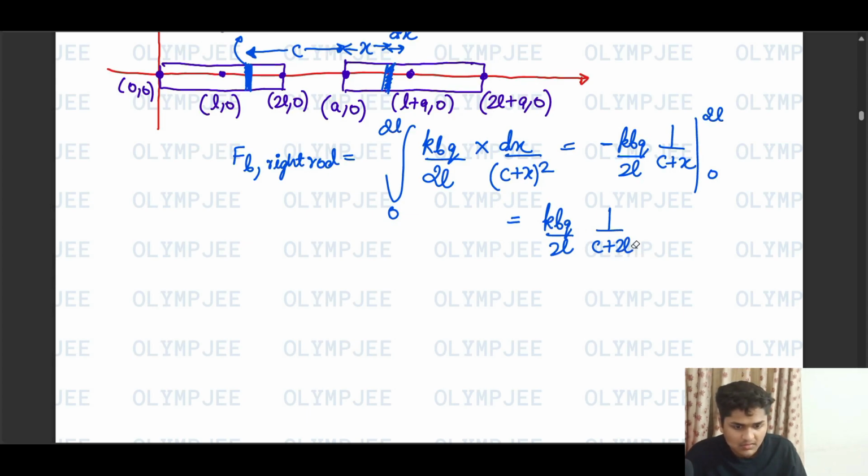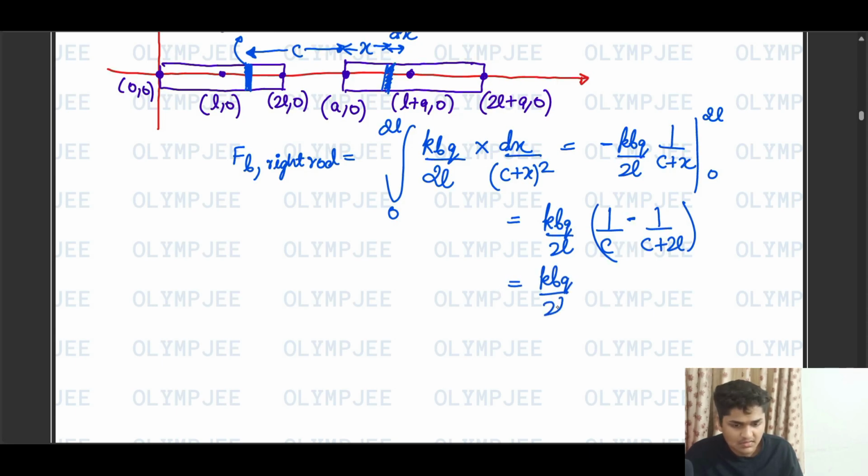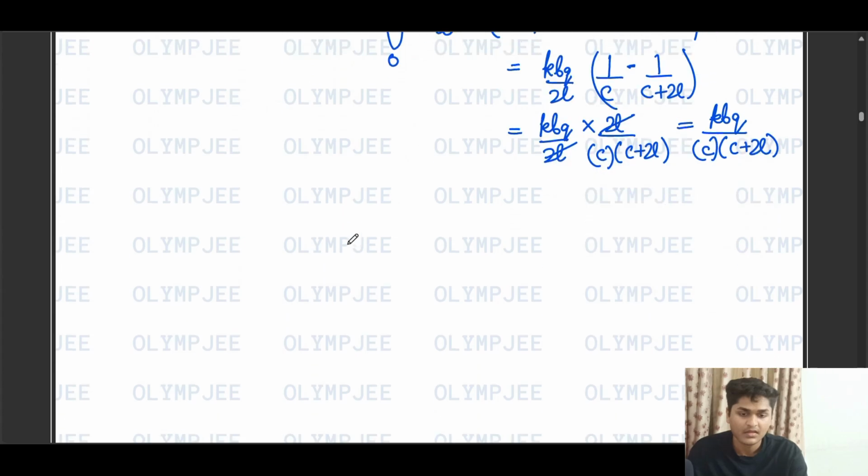Sorry, this will give us 1 by C minus 1 by C plus 2L, right, which will further give us KBQ by 2L multiplied by 2L by C(C plus 2L). 2L gets cancelled, so this will give us KBQ by C(C plus 2L), right?